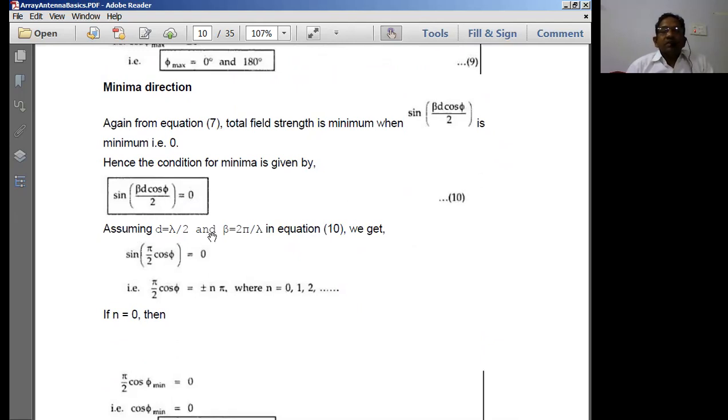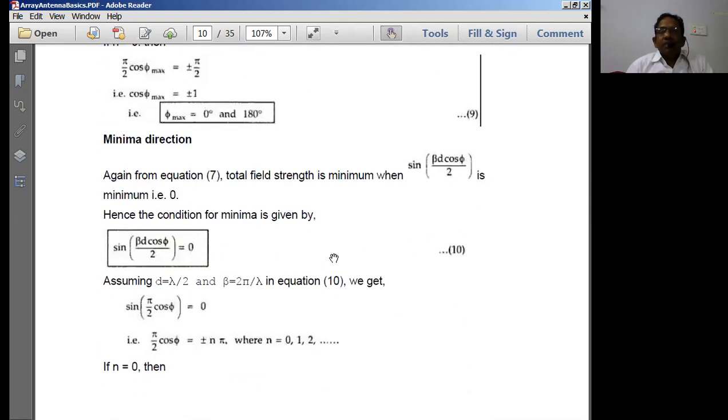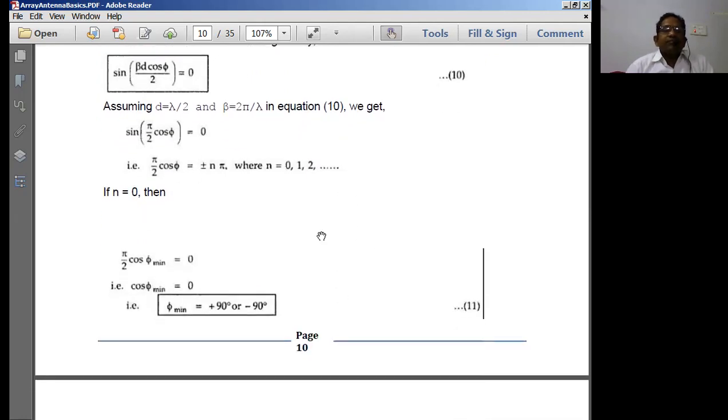In the previous condition, we got plus or minus (2n plus 1) pi by 2. So it will simply be reversed, because sine and cos are reverse cases. Why? Because sine 0 is 0, whereas cos 0 is 1, and exactly the reverse happens for other angles of sine and cos. Therefore we normally get reverse values, reverse constants over here.